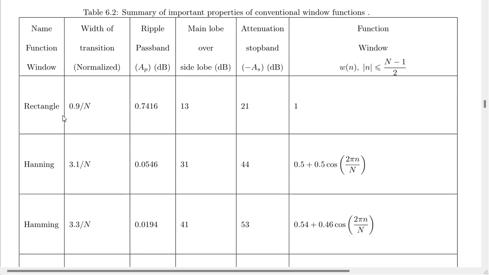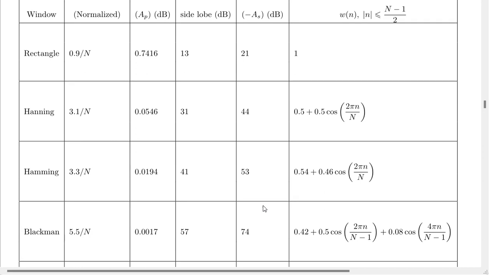Okay, the first window cannot do it because at most it will provide 21 dB attenuation. So forget about the first window. The second window, it's okay. 44 is greater than 40. We should stop here without moving further.